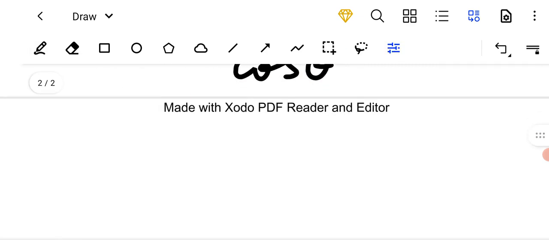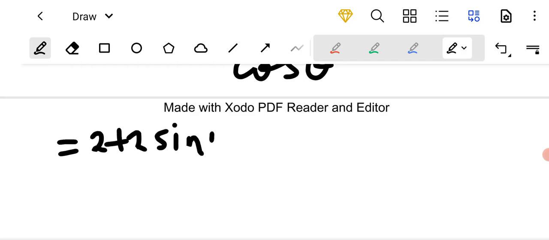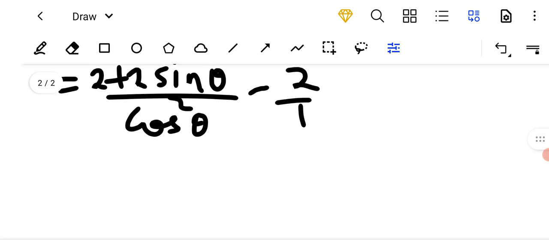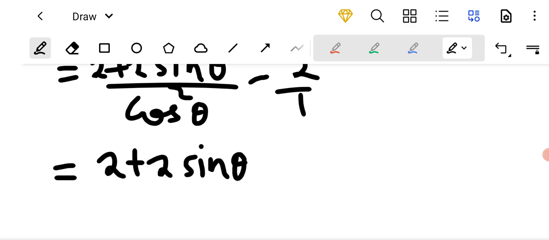So you're going to have is equal to 2 plus 2 sine theta squared divided by cos theta squared minus 2. So 2 is the same as dividing by 1.